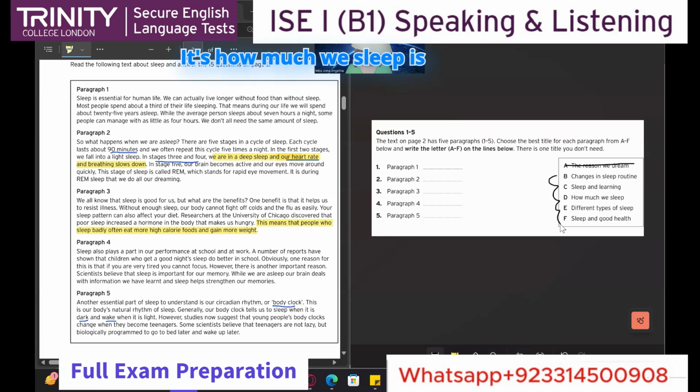How much we sleep is the first paragraph. And sleep and learning is, I think, the fourth paragraph. Good. And different types of sleep is paragraph 2.